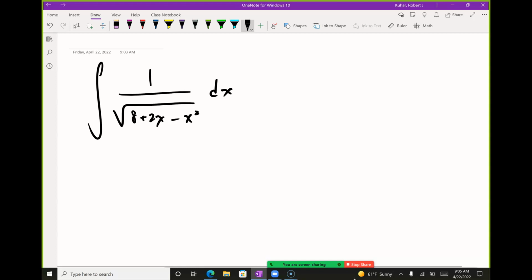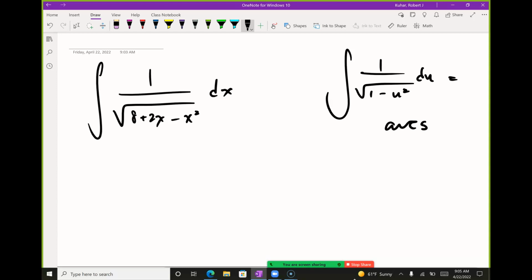Both of those fail. So at that level, the next thing I'm thinking of is inverse trig. And I recognize, because of the square root, it's probably an arc sine. So I'm looking for that.